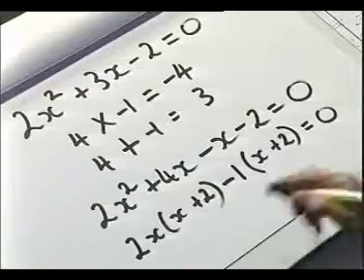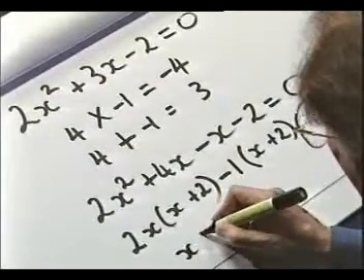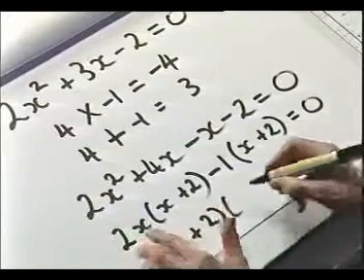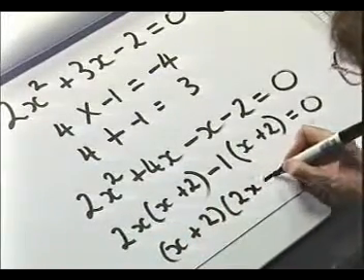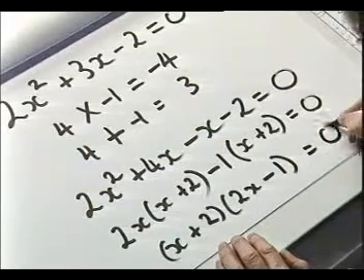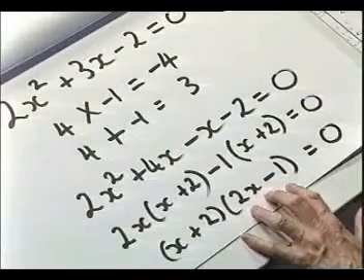So that's our common factor that we can take out, x plus 2 times by 2x minus 1.